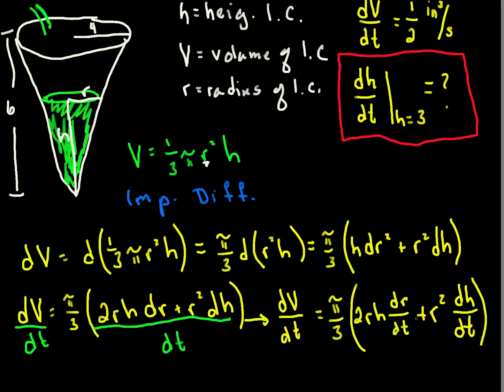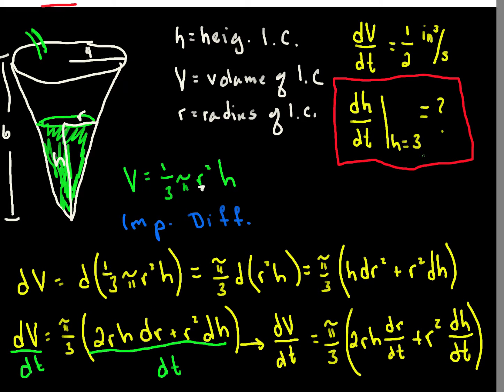So now we have the derivatives, and we know that dV/dt, we'll replace this in a minute, we know a little bit about it. dV/dt is 1/2 inches cubed. So I'll be able to put this right here. This is equal to 1/2. They're one and the same.